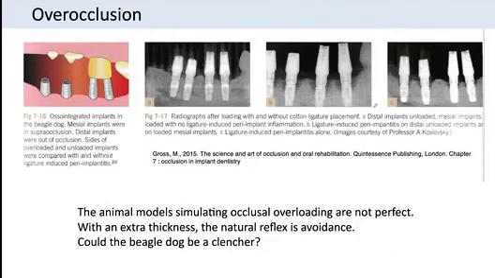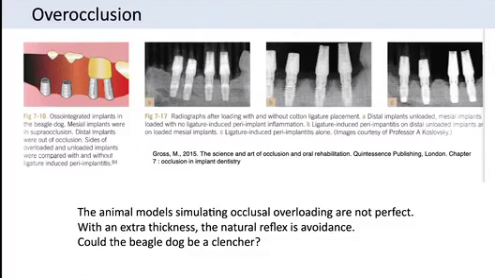Concerning over-occlusion, it is sometimes difficult to interpret the results and to analyze the methodology of the research.